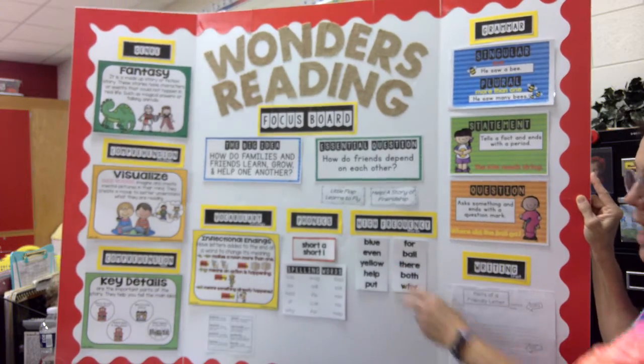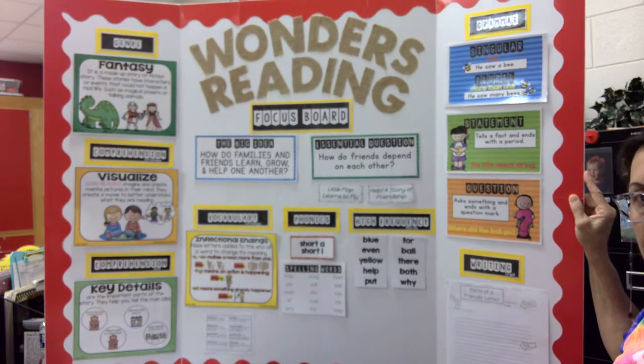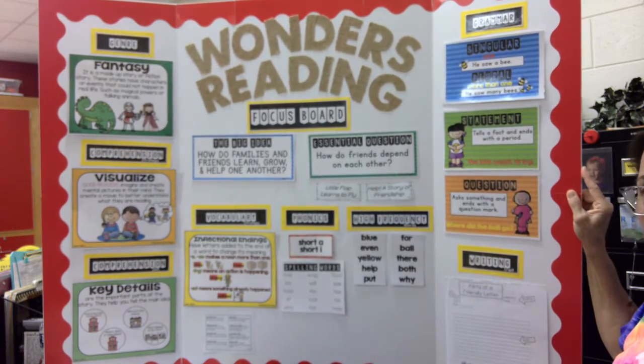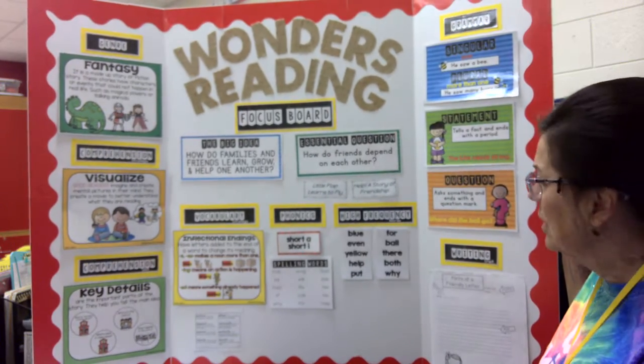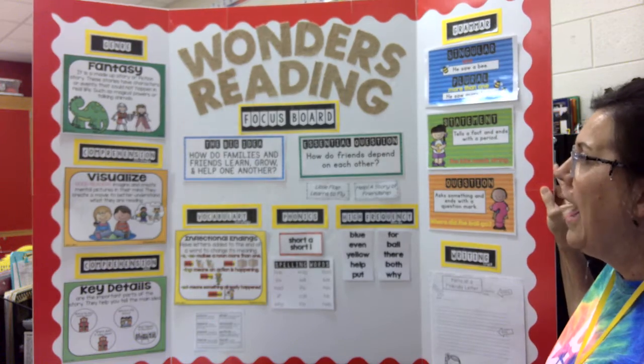And then we also had our high frequency words that we should have already been familiar with from first grade. Blue, even, yellow, help, put, for, ball, there, both, and why.